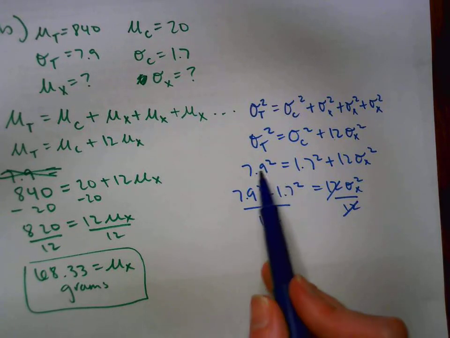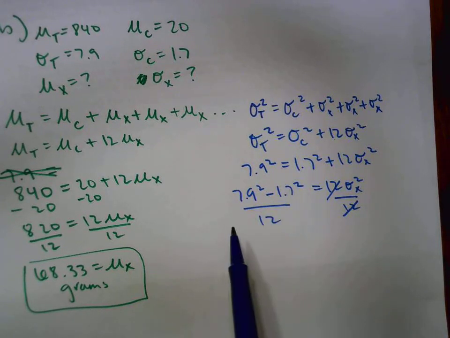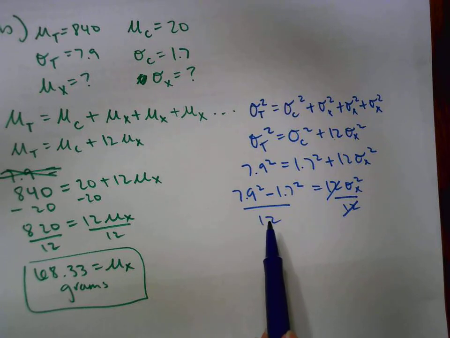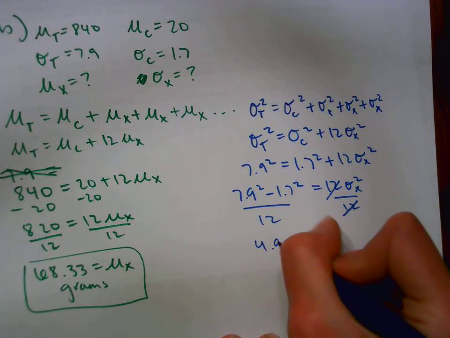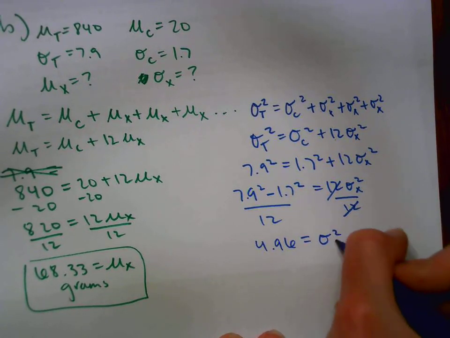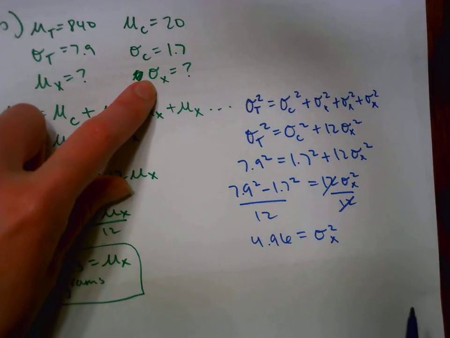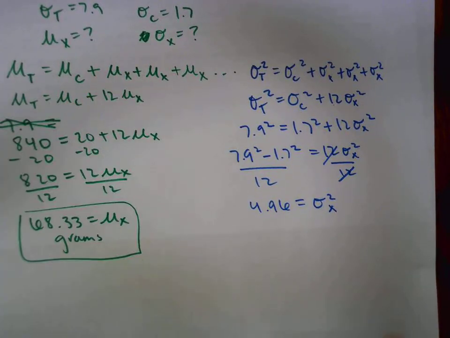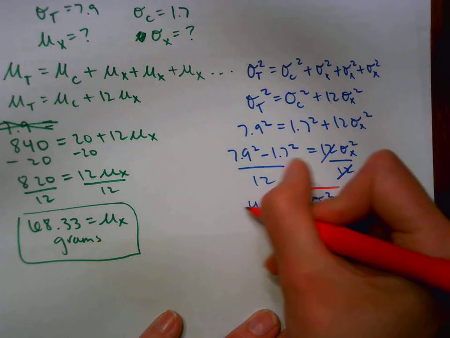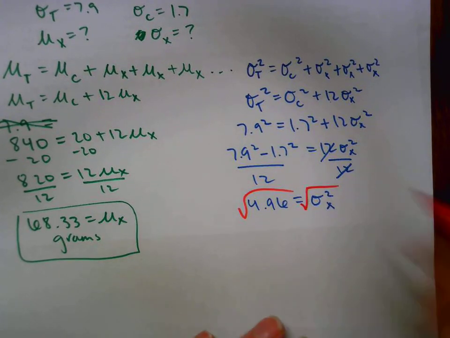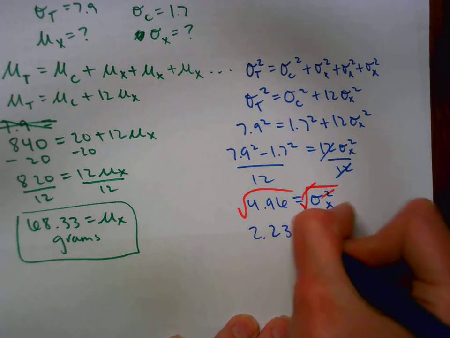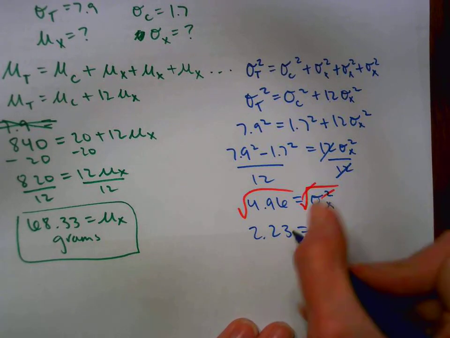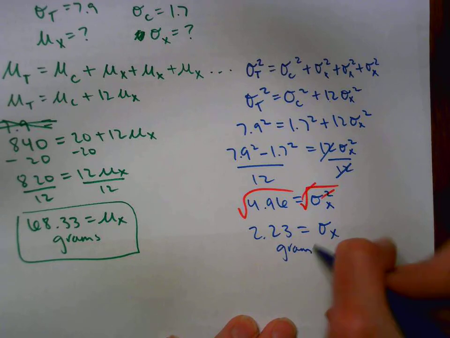And if you get this answer in your calculator, that should be 4.96 equals the variance of x. So if we want standard deviation, we just square root it. And that gives you 2.23 equals the standard deviation of x, which would also be in grams.